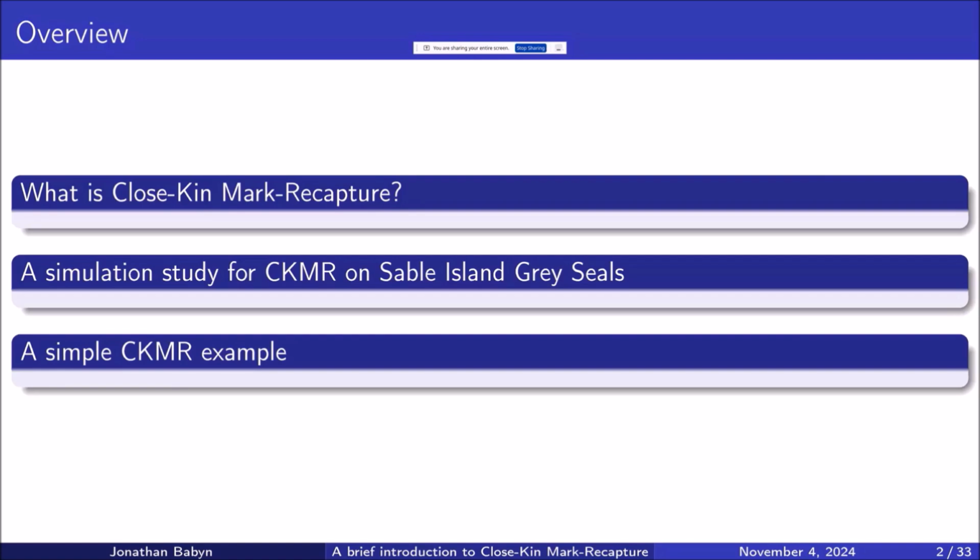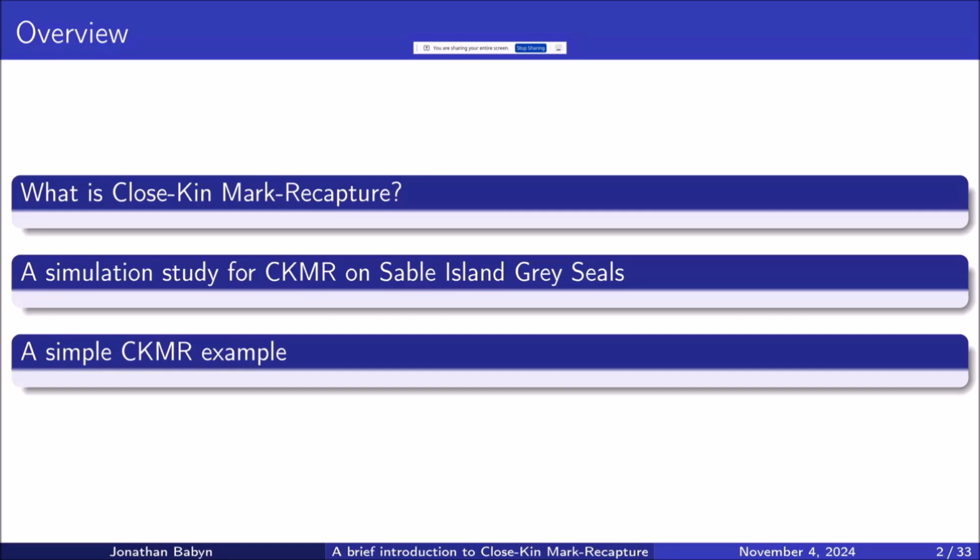Part two, I'm going to discuss a work in progress that I've been slowly chipping away at, a simulation study for trying to do close-kin Mark-Recapture on Sable Island gray seals. The final part of this talk is a simple close-kin Mark-Recapture example on a simulated data set.